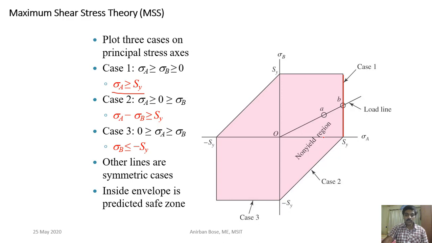That means if sigma A is more than that, outside this line, the material will fail. So this is the failure region and this is the safe region; within this it is safe. Then sigma A minus sigma B is greater than or equal to Sy, and the equation of this straight line is this one.